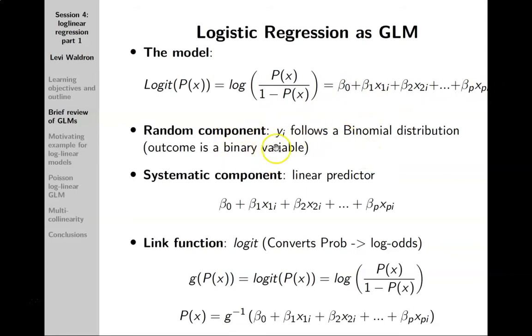So the random component there is not written in terms of residuals, it's the distribution of the binary variable, the number of successes in a fixed number of trials given by a binomial distribution. Systematic component the same, and in this case the link function, this logit function that converts probabilities to log odds.